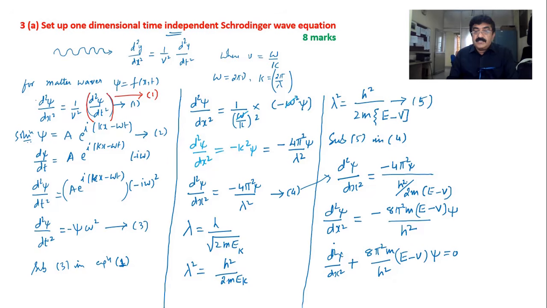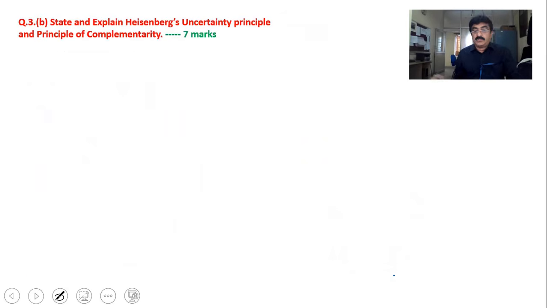So this is the one dimensional equation. One dimensional because I have only dx square here. Time independent because there is no t parameter in this formula. So this is the one dimensional Schrodinger wave equation, and here psi is the variable. Okay, well, with this I move on to the next question.